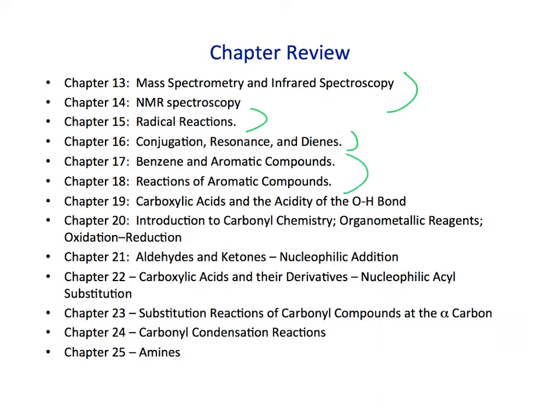So then we carried on with resonance, and we talked about the chemistry of benzene. So aromatic compounds, what does it take? The type of resonance structures that we can draw, the electrophilic substitution reactions, right? Activating and deactivating groups, and ortho-para and meta-directing groups, and all of that kind of stuff.